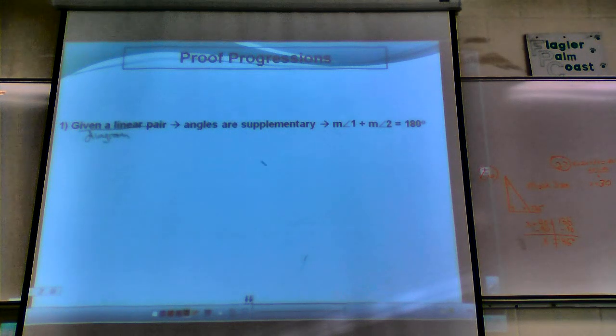That means the angles are supplementary to each other. All right? The reason for that is linear pair postulate. So what I'm doing here, like I said, in the parentheses, that's your reason.